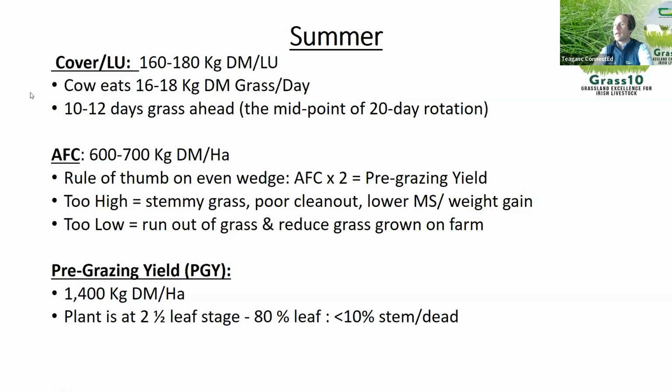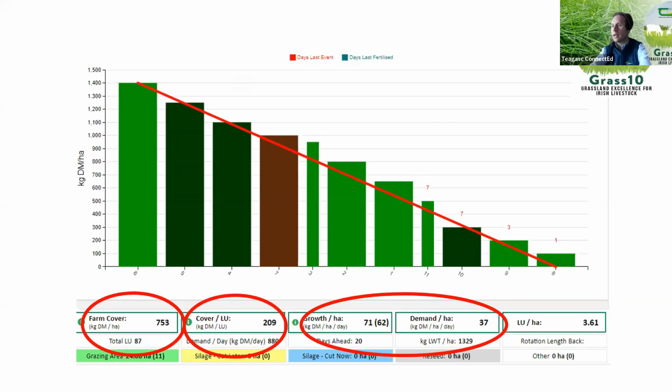In a dairying scenario there's probably a little more fertilizer going out, so we don't need that extra 2 or 3 days ahead that we might need on a dry stock farm. But it's a fairly good guide for the middle of the season.